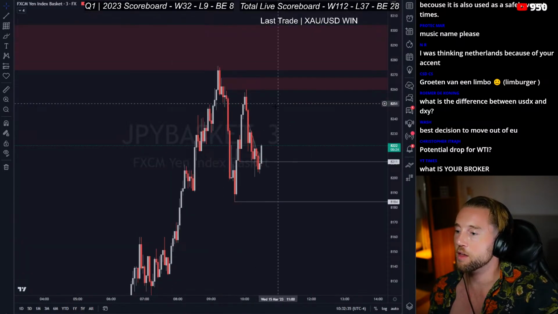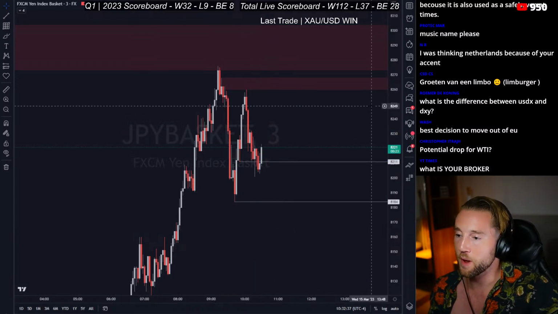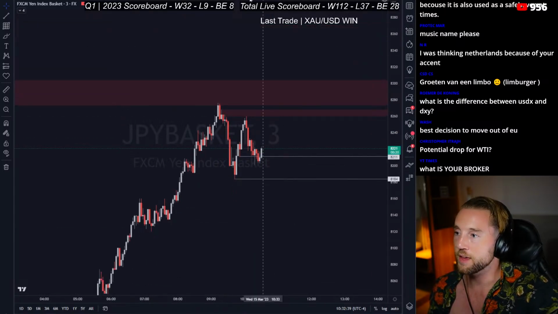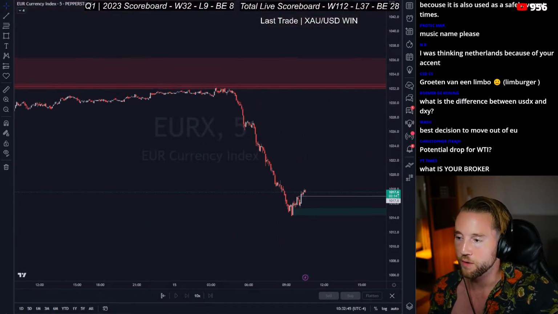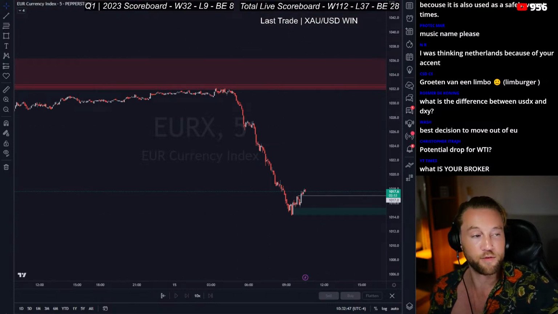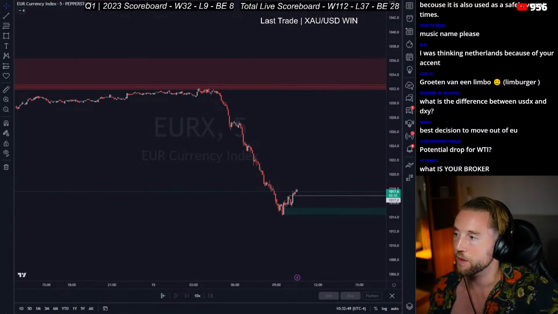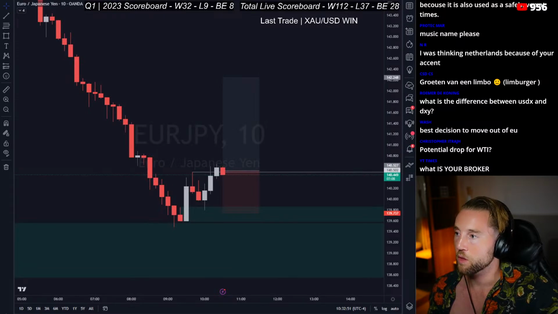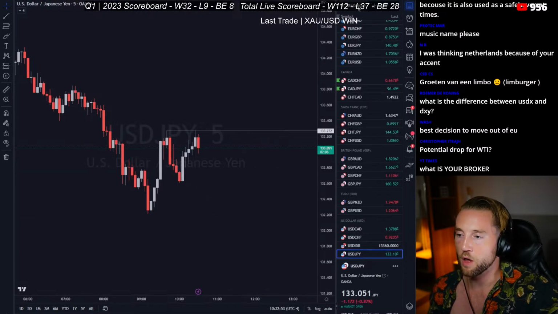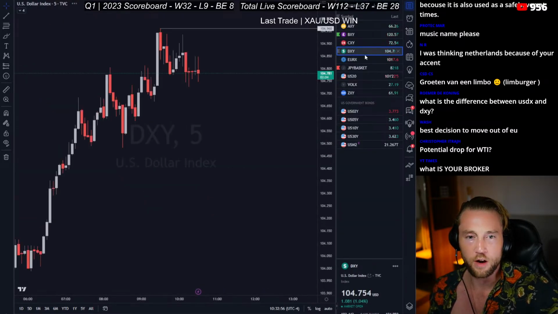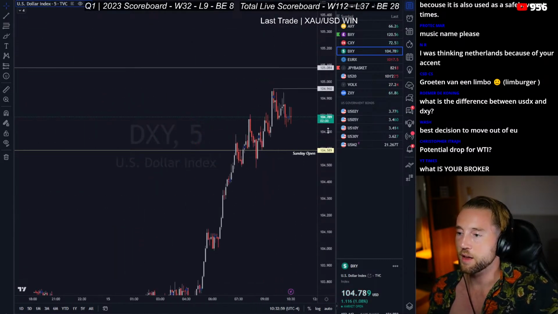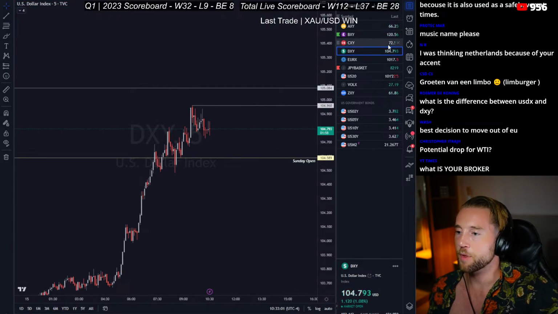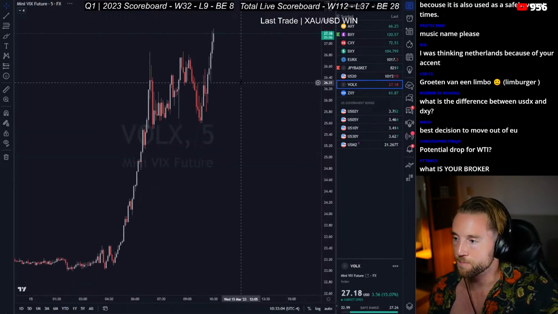Okay, the dollar is consolidating. Overall, you see, guys, that we have been ranging here, both on the yen and the dollar. The only thing that's looking for recovery right now is the euro, after that massive breakdown. So let's see where the dollar is right now. Not much at the moment.